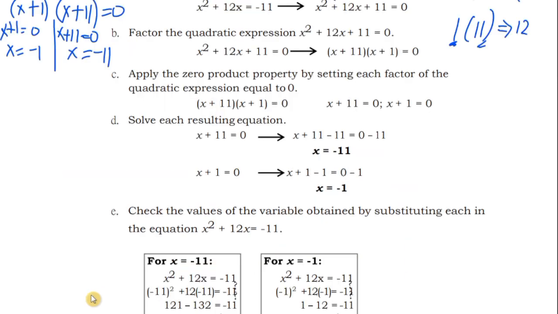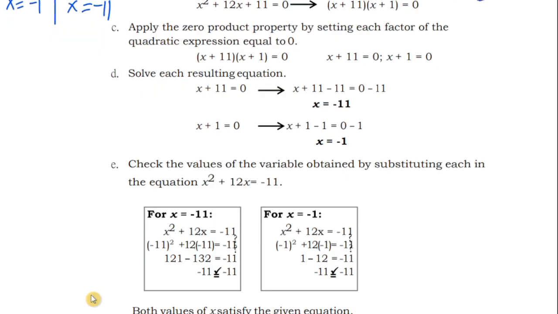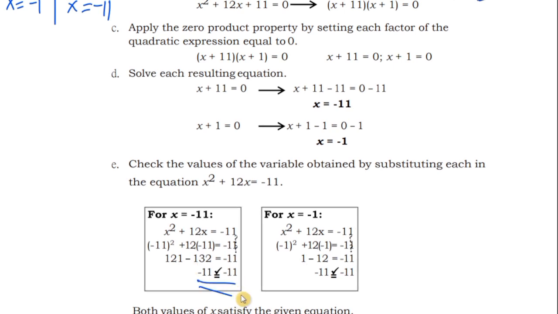So if we're going to check further our equation, the first value of x is negative 11. From the given, x squared plus 12x is equal to negative 11. So we have square of negative 11, and that is 121. 12 times negative 11 is negative 132. Is it the same as negative 11? So 121 minus 132 is negative 11. So it is checked.